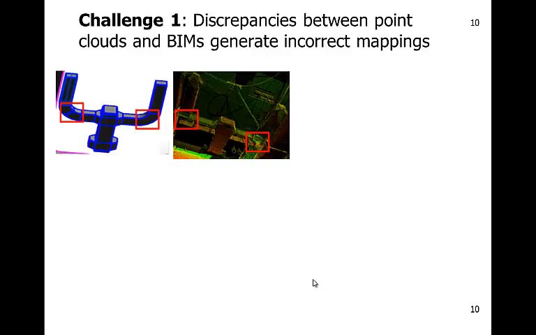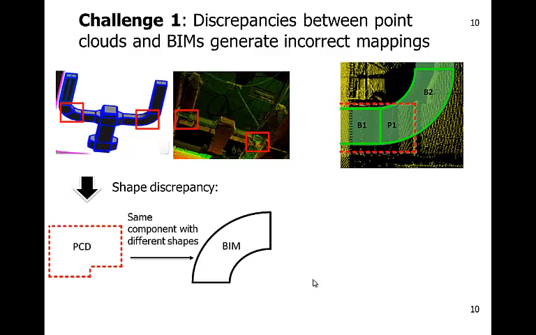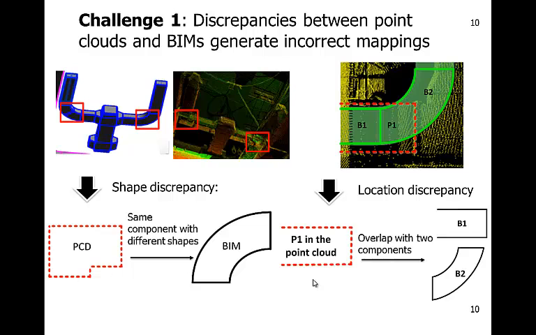The first challenge is to map segments of a point cloud to components modeled in the BIM, especially when discrepancies exist between the 2 data sources. The mapping between a point cloud and a BIM can be achieved by reasoning with their correspondences. The correspondences can be identified based on different features, such as the shape similarity, the spatial proximity, and so on.